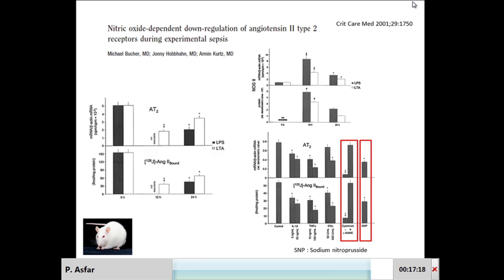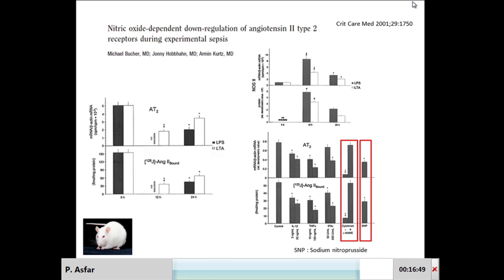So when we give inhibitors of nitric oxide synthase, such as L-NAME, we restore the receptor's activity, and when we give nitric oxide donors, such as sodium nitroprusside, we decrease the expression of the receptor of angiotensin II.